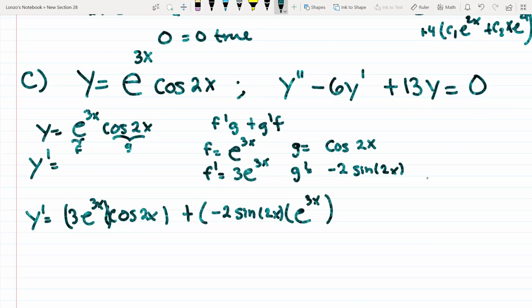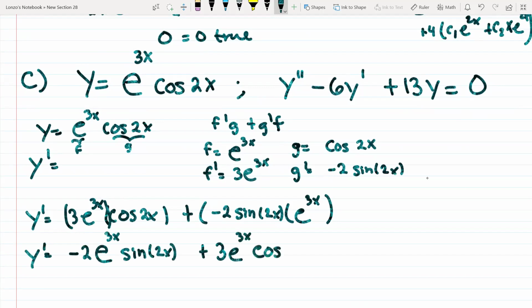And you'll get y prime is -2e to the 3x sin 2x plus 3e to the 3x cosine of 2x. I'm going to box it, so this is my y prime.